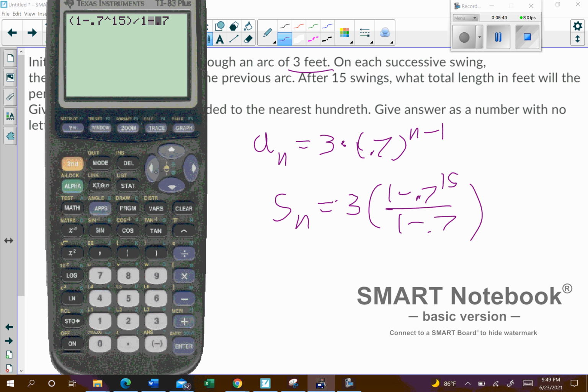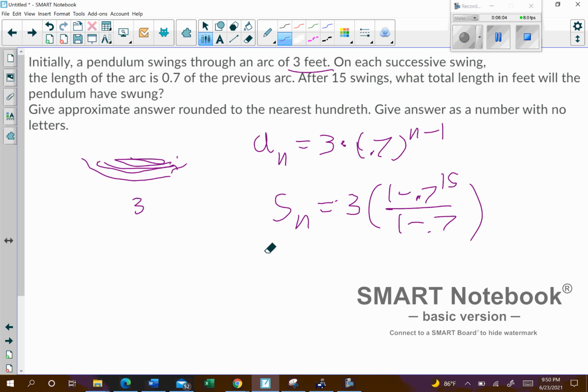Need to put that in parentheses. Okay, and so we get that value, and now I need to multiply it by 3. I just did it a little out of order, a little bit easier for me with my calculator. I guess it doesn't make that big of a difference. All right, so anyways, when we round that to 2 decimal places, we'll get 9.95. All right, hope that helps.